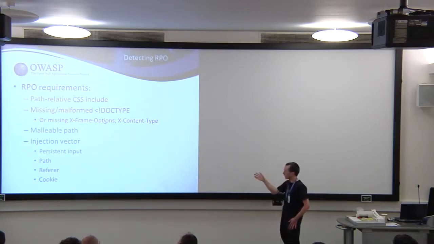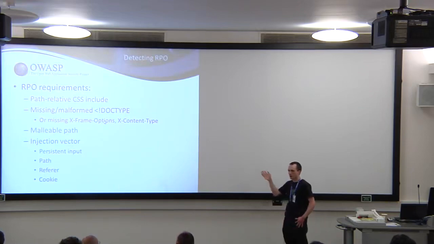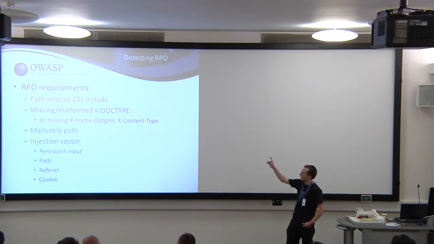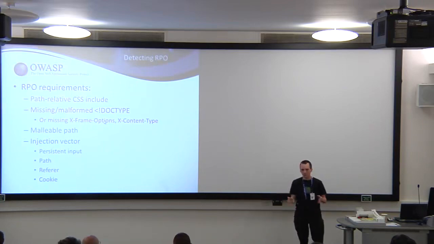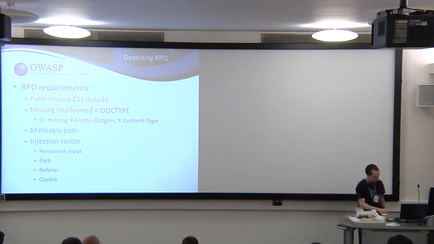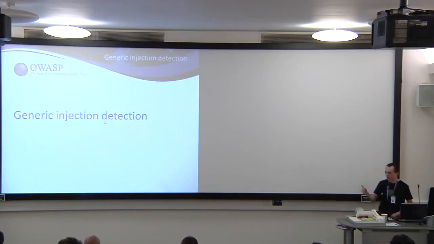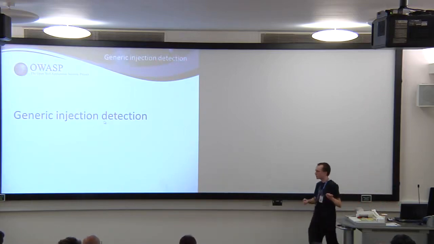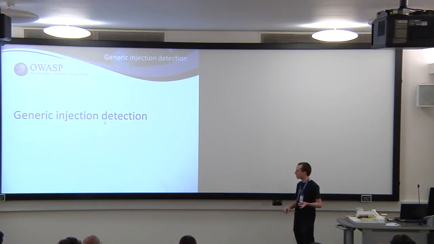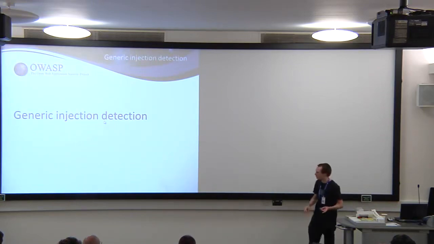So ActiveScan++ passively looks at all of your responses and flags pages that fulfill those two requirements, and lets the user deal with the rest. I can't demo that issue, unfortunately, because although I found it in some fairly major software, it hasn't been patched yet.